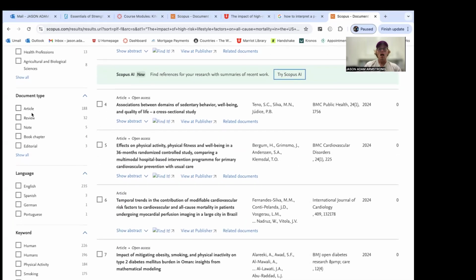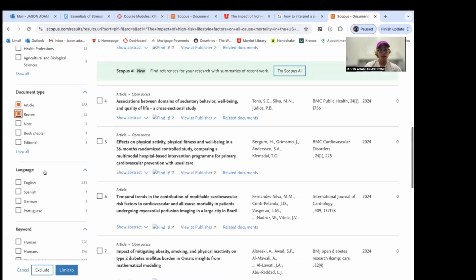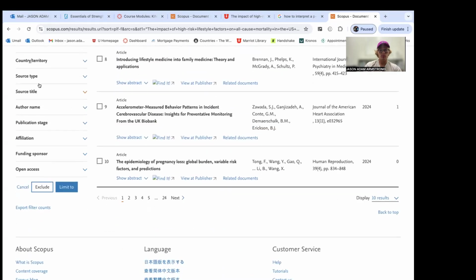I am interested mostly in a peer-reviewed research article or a review. Article means that they produce the research themselves. A review means I'm looking at what other people have produced. So I'm going to look at both of those. And there's lots of other filters we can use, right?